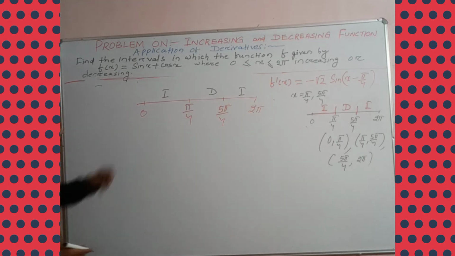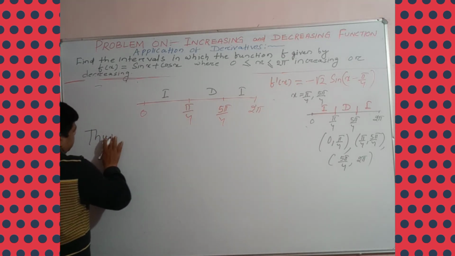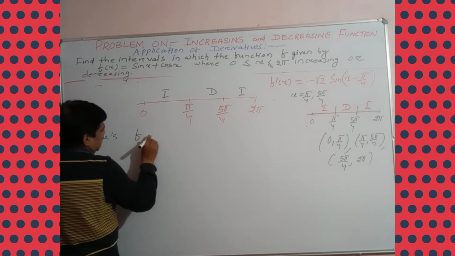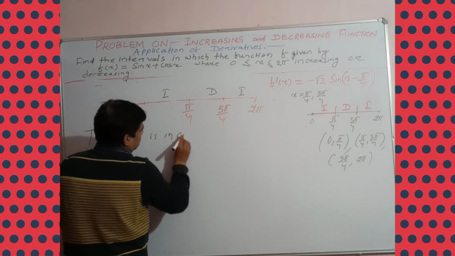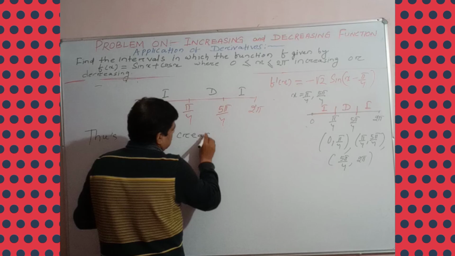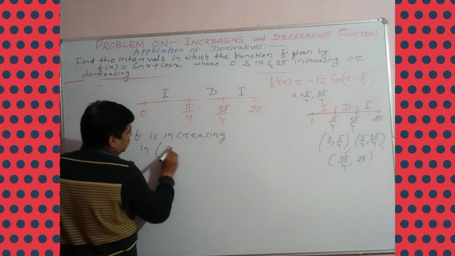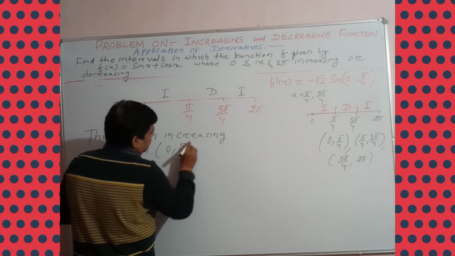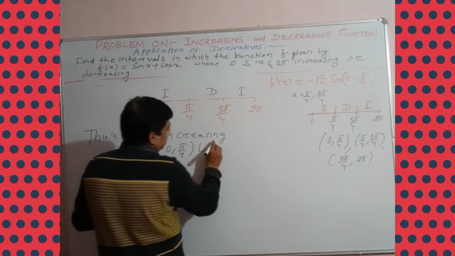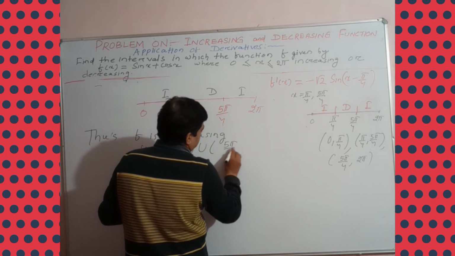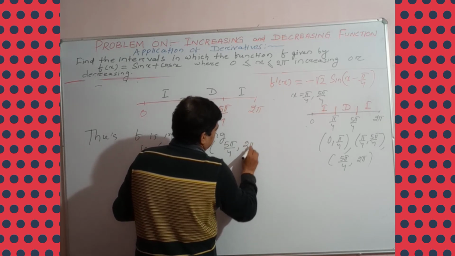Thus, what do we get? f is increasing in the interval 0 to pi by 4, union the interval 5 pi by 4 to 2 pi.